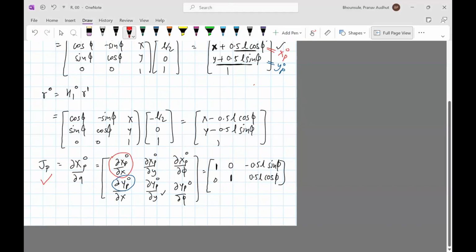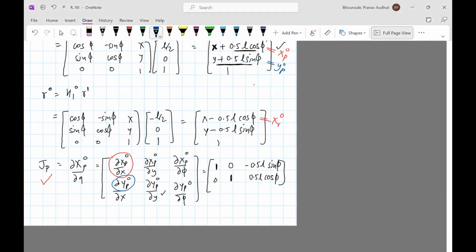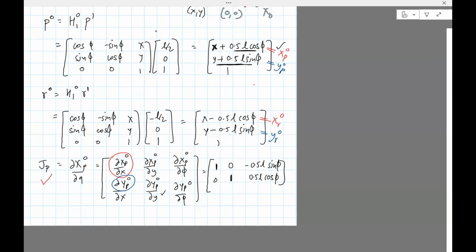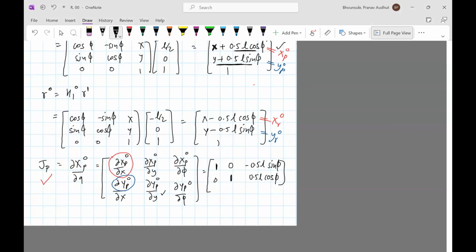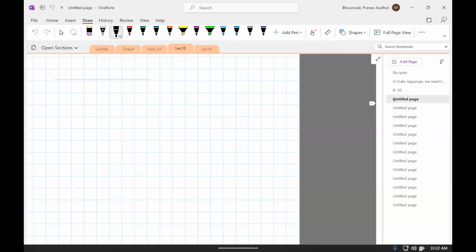Similarly, you'll see that this is xr0, and then this is yr0. So when we compute Jr, we'll use those. Next is Jr, which is dxr0 dq.